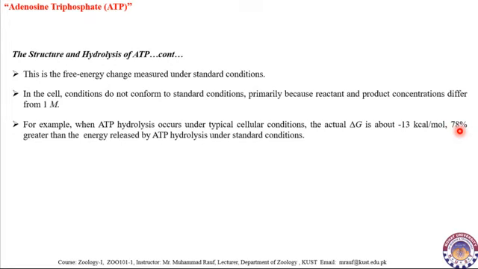That is 75% greater than the energy released by ATP hydrolysis under standard conditions. So the conditions inside a cell are not standard conditions, therefore the energy liberated from the hydrolysis of ATP is much different. You can say it is 75% greater than the energy which is liberated under standard conditions.